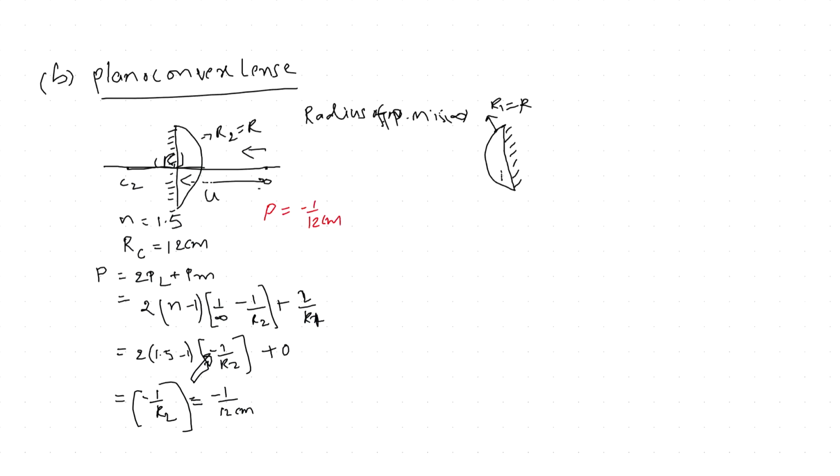That means power is minus. Power is minus means the system behaves like a convex mirror. Convex mirror.